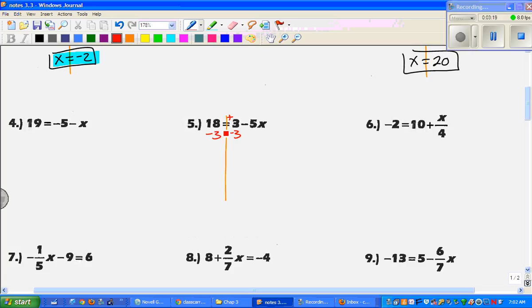So to get rid of it, I need to subtract 3 from both sides. And that negative 5 stays with the x, okay? Remember that that's multiplication right there, so to get rid of multiplication, I need to divide both sides by negative 5, and we get negative 3 equals x.